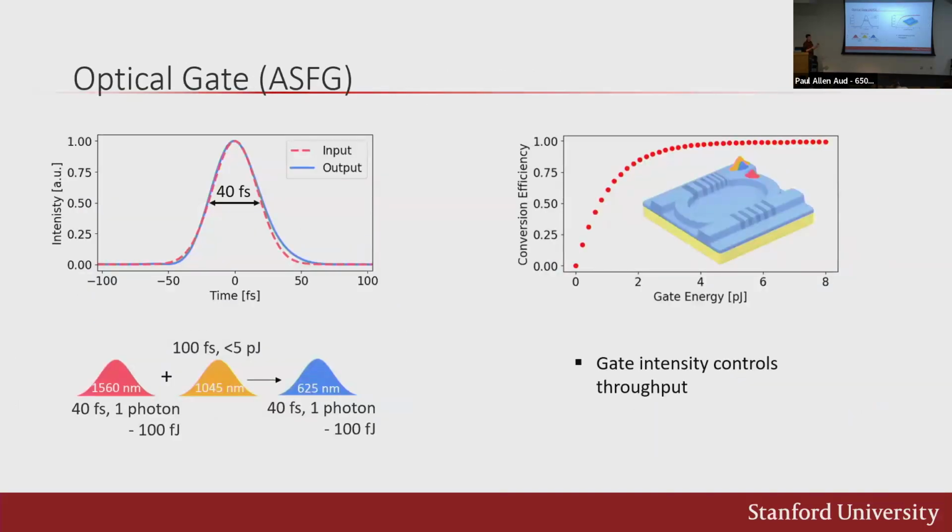If I de-chirp that by applying just pure 6,000 femtoseconds squared of GVD, we can see that here's the input pulse, here's the output pulse. I got the full 40 femtoseconds through, so I've converted over the entire bandwidth without adding significant distortions to the pulse.